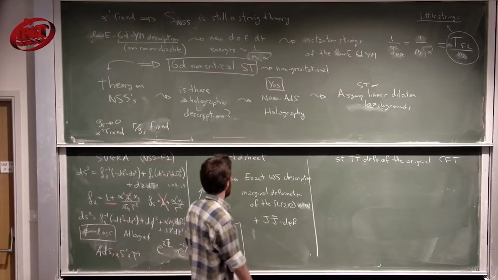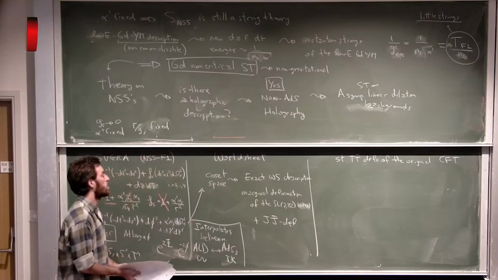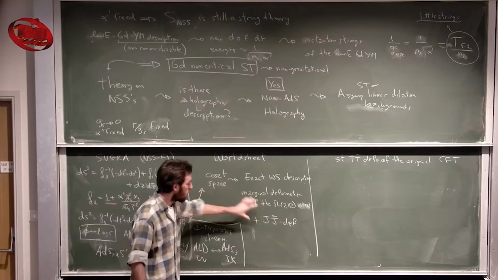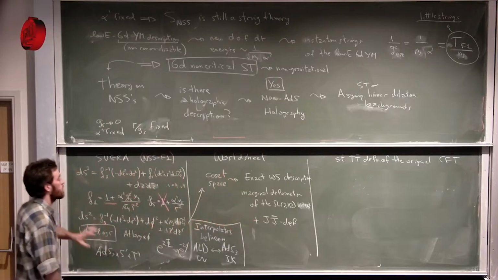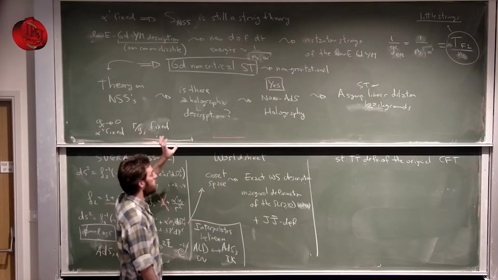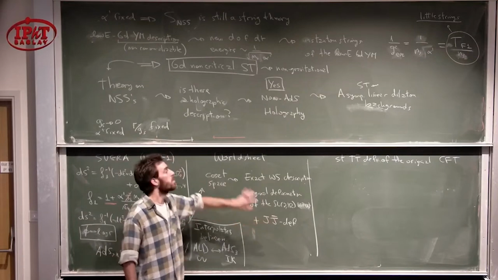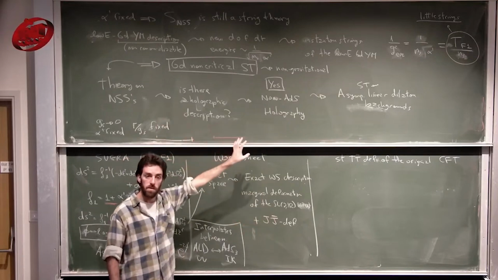A lot of people we know. And you can build the worldsheet theory exactly and use it to compute correlators exactly, even though you still have a CFT on the worldsheet, even though the boundary theory is not a field theory anymore.